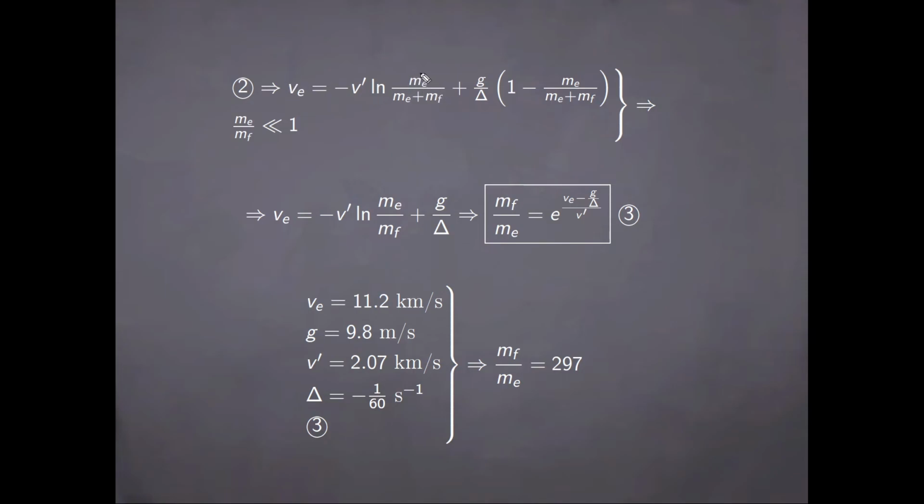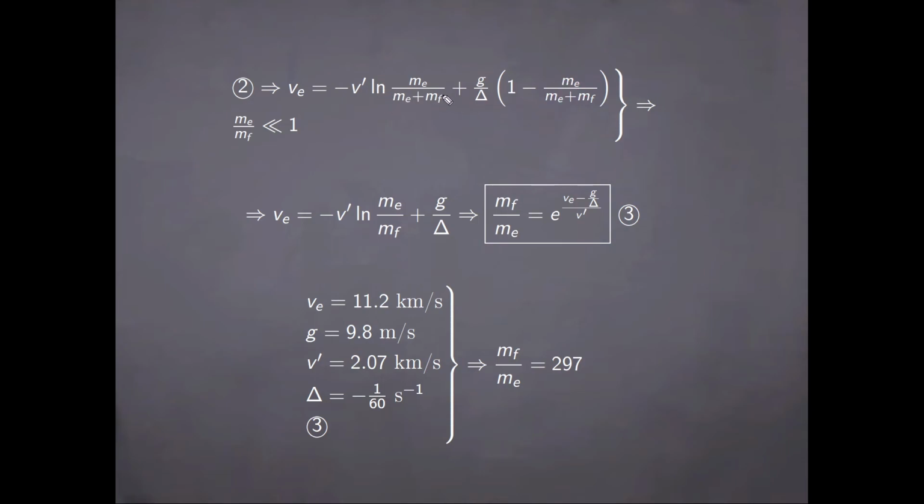of these two quantities. In order to solve the problem further, I will go by the assumption that me over mf is much smaller than 1. And with this assumption, I can neglect the term here.